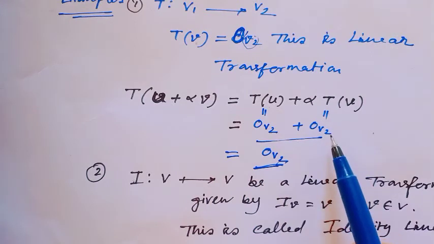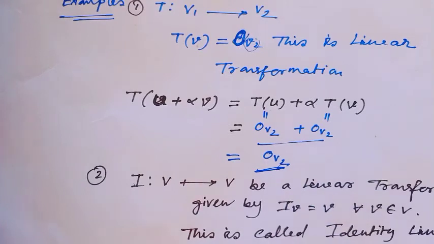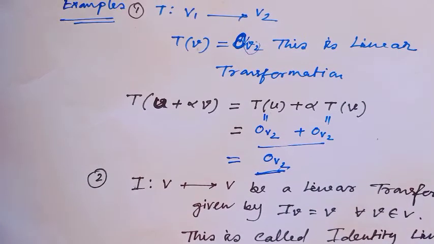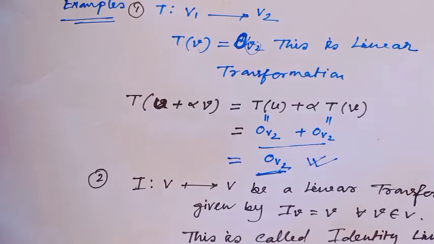This is obviously a linear transformation because T(u + alpha v), by the property of linear transformation, is equal to T(u) + alpha times T(v). Here T(u) is 0 in V2 and T(v) is also 0, so this is equal to 0. Therefore, the condition of linear transformation is satisfied.